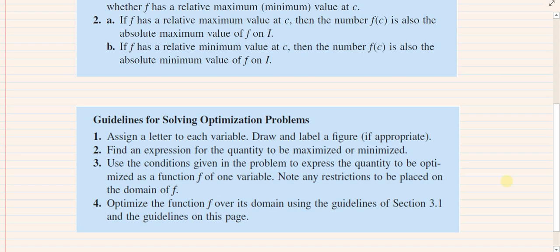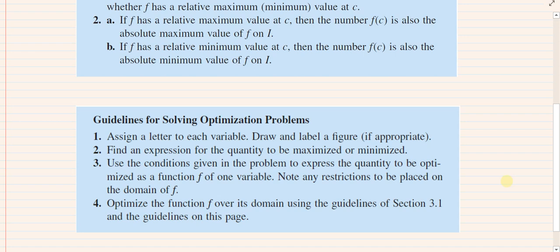Oftentimes, as you will see as we go through this process, we may have several variables. Because we only handle single variables, what we need to do is simply express these several variables in terms of a single variable to be optimized.